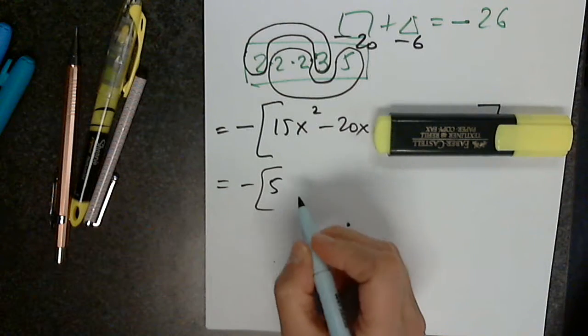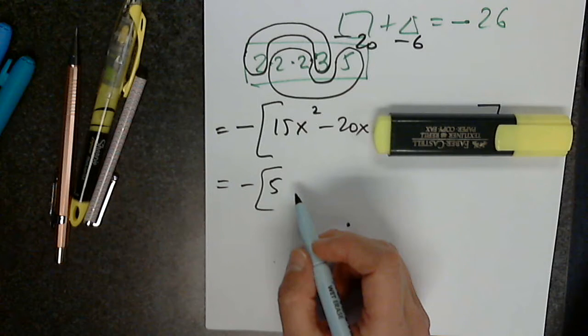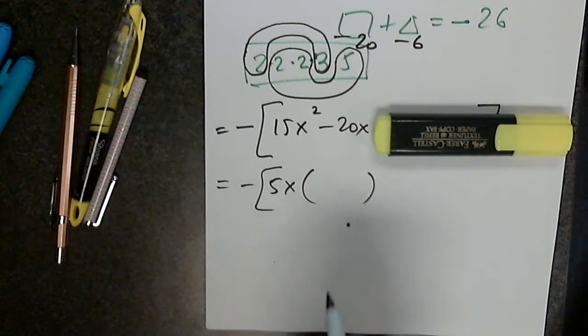5x. Just 5 is not good enough, so 5x. Good. In parentheses.